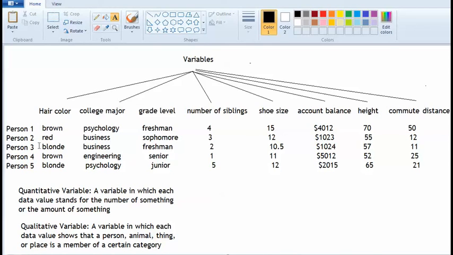Since we can see that all of the data values in these three columns show category membership, we can say that these three variables are qualitative variables.